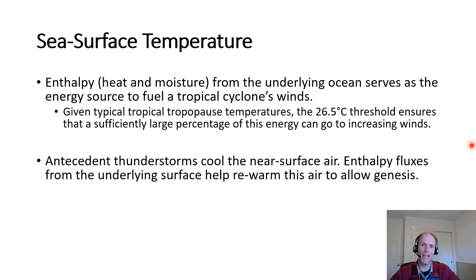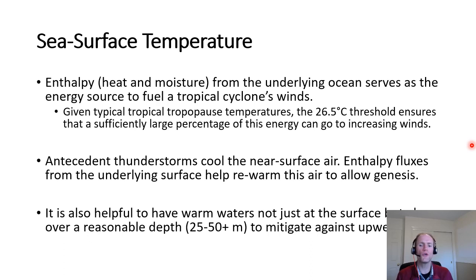So we need that heating from the underlying ocean to be able to rewarm that air. And we need to rewarm that air to get a uniform profile of heat energy within the atmosphere, within the troposphere, to allow for a tropical cyclone to form. We'll talk a little bit more about that as we get into some of the other necessary conditions here.